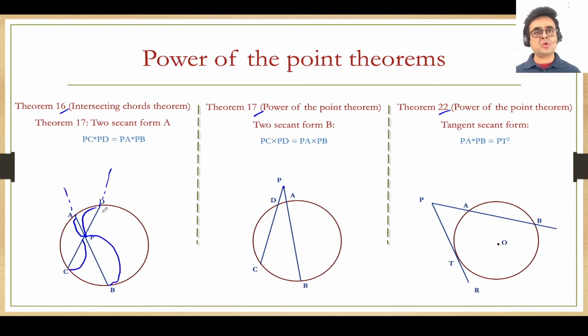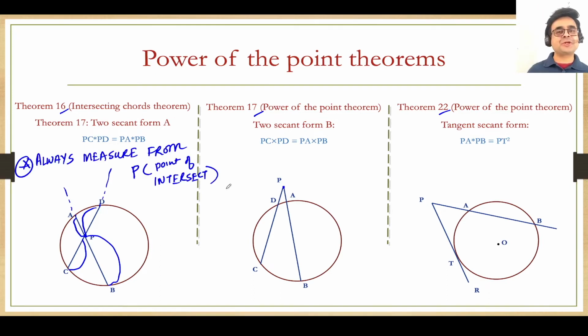The important thing to note is that we are taking the measures from the point of intersection, not anywhere else, not AP multiplied by AB and things like that. The measurement always starts from the point of intersection, and that is important to remember. And just to make sure that you do not forget, I have written it down here.